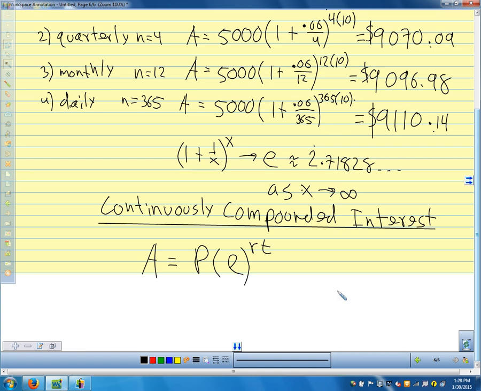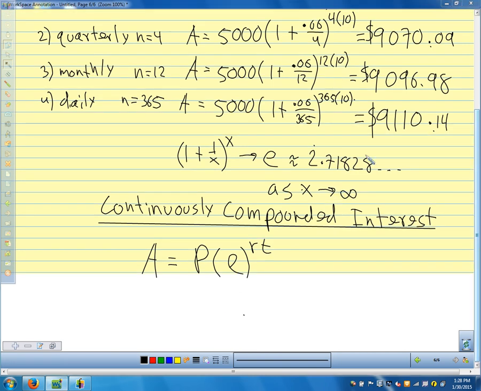You might have calculated interest with PERT before. And everything else is the same. P is our principal, R is our annual interest rate, T is our time in years, and e is this special number, 2.71828. And if you look at your calculator, you have a special button that says e to the x, because this number e comes up a whole bunch in math.